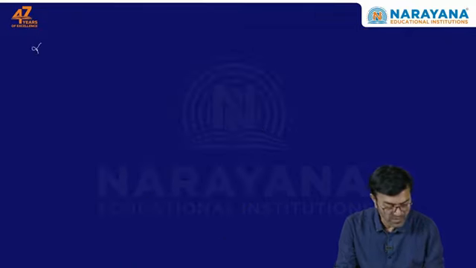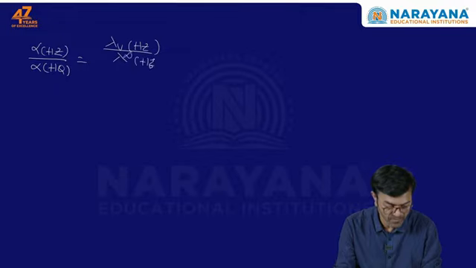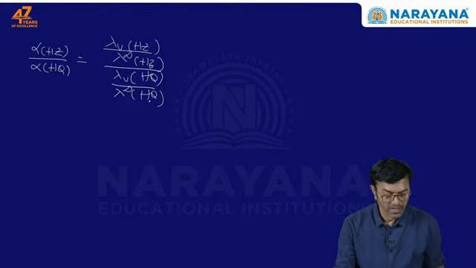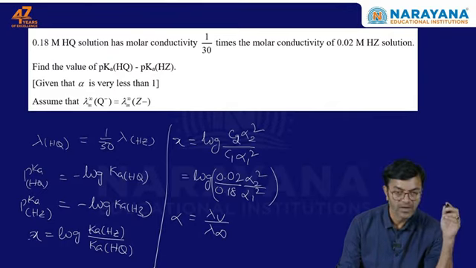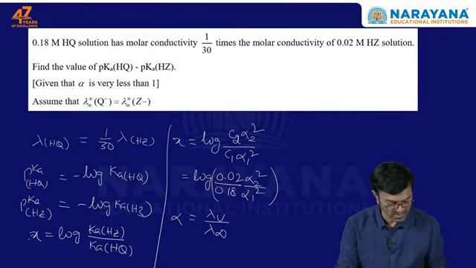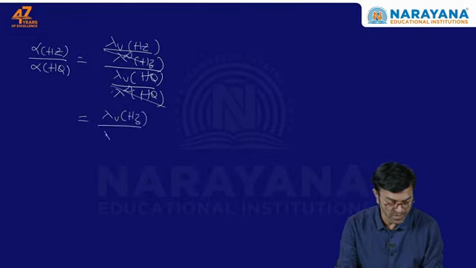So alpha of HZ by alpha of HQ will be lambda M of HZ by lambda infinity of HZ, divided by lambda M of HQ by lambda infinity of HQ. In the question it is also mentioned that lambda M at infinite dilution of Q minus is the same as that of Z minus. When you use that, these two terms get cancelled. So we will have lambda M HZ by lambda M HQ.